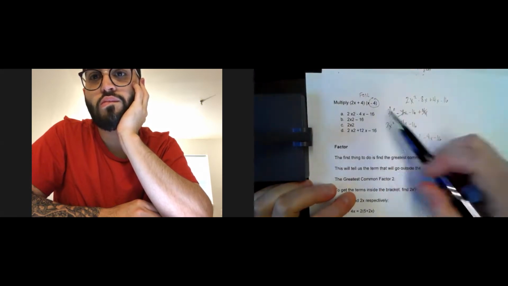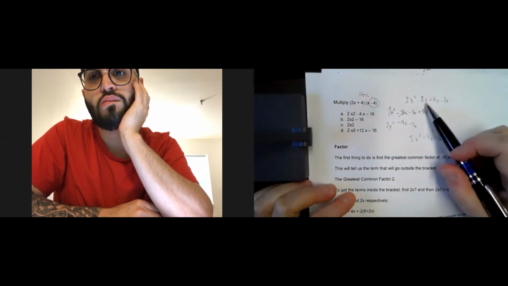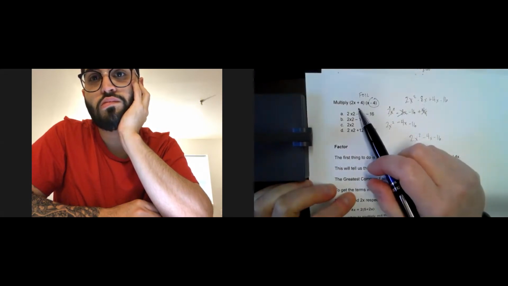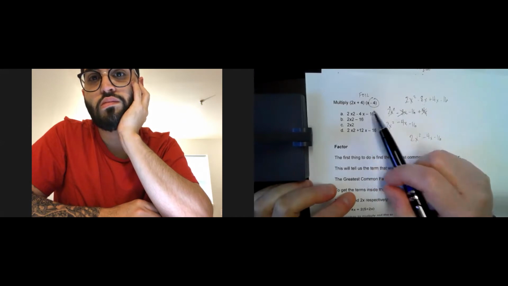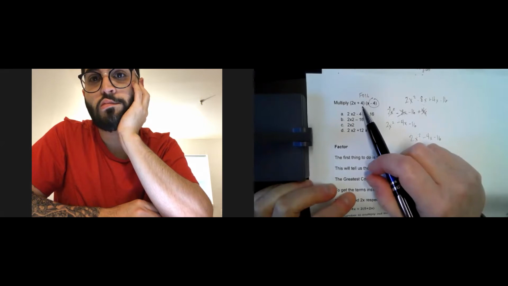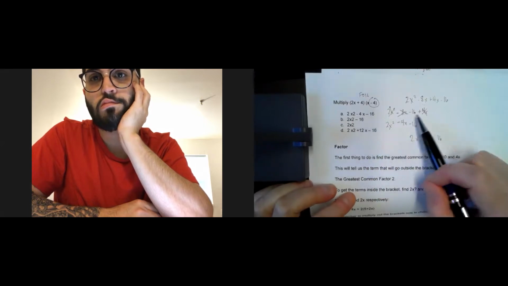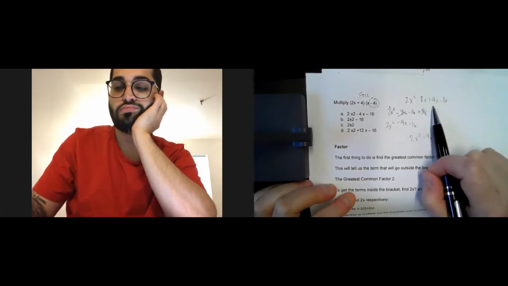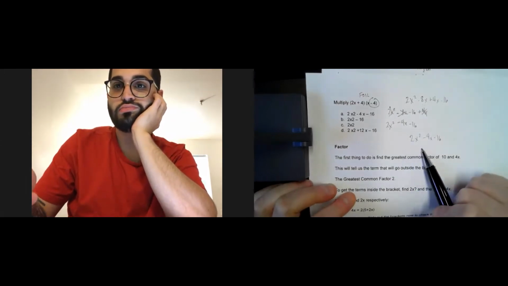So 2x times negative 4 is negative 8x. Then the inside, positive 4 times positive x is 4x. And then the last is 4 times negative 4 is negative 16. And then you just combine like terms and you've got it. And it's A.